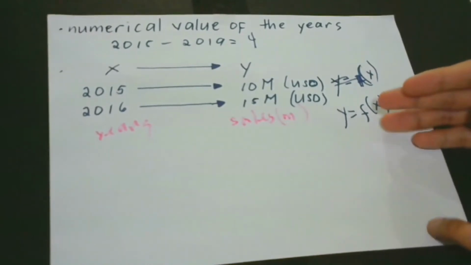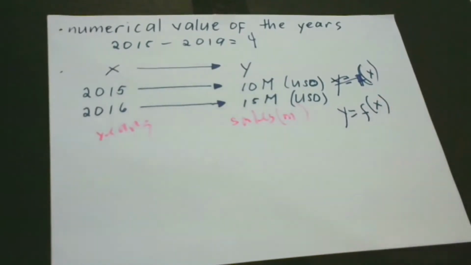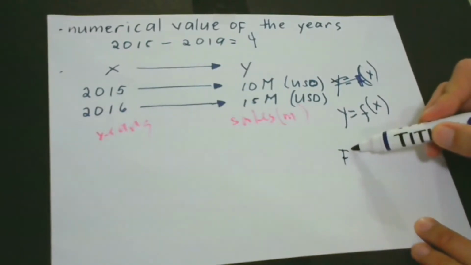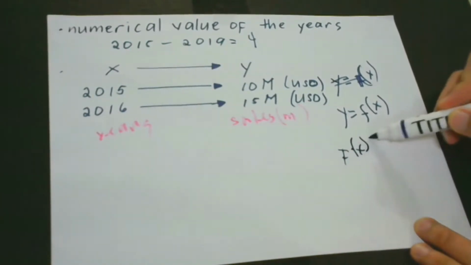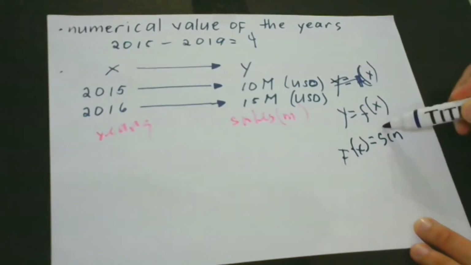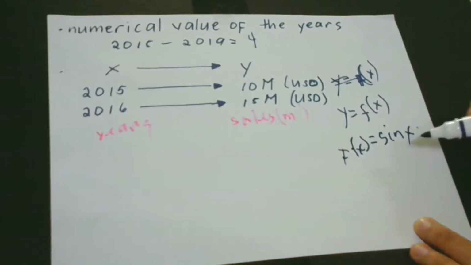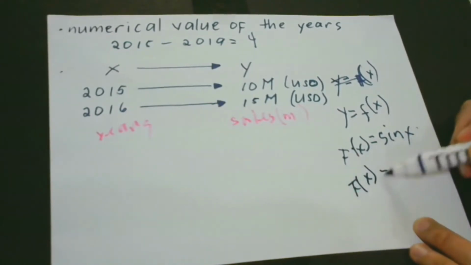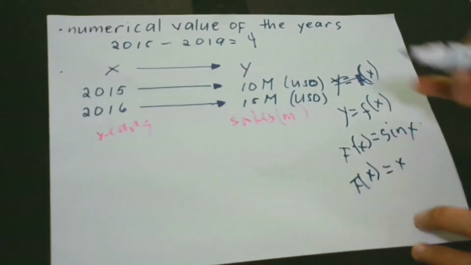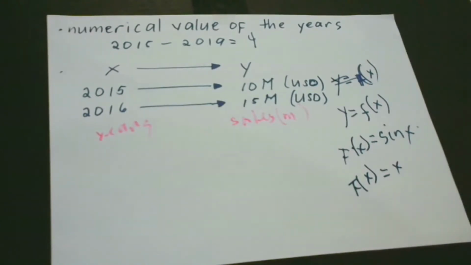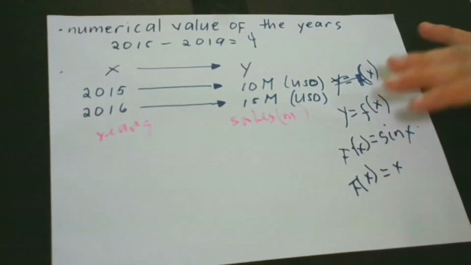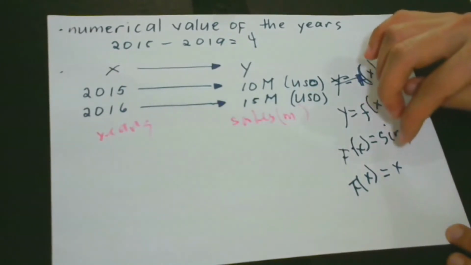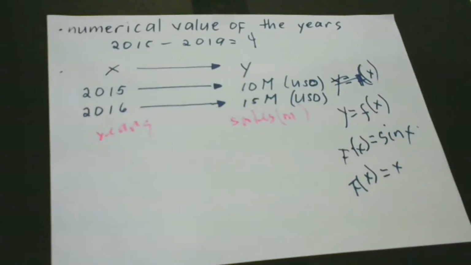Should you want to know more about the function, you can evaluate the function of x. How are we going to do the evaluation of the function of x? If, for example, f(x) is equal to sin x, or we could say f(x) is equal to x, we can compute any value of y for any value of x. It means that if we plug in a unique value of x, it results in a certain value of y.